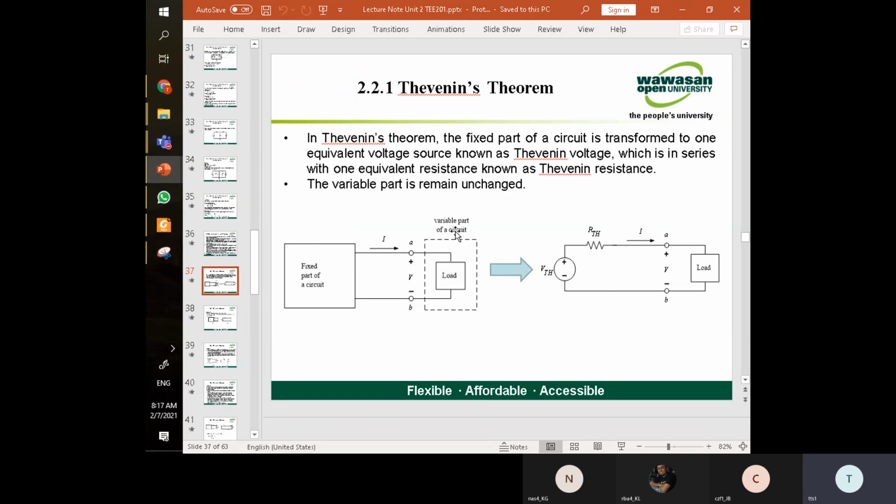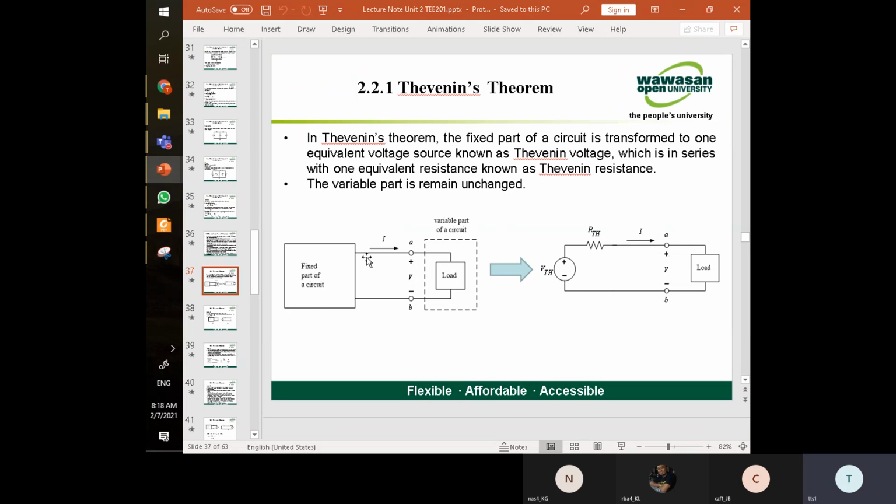The variable circuit is the one where the user attaches their load, for example a lamp or a speaker. The speaker may be different, but the circuit is the same. Let's say this is an amplifier. The amplifier circuit is fixed, but you can use a different size of speaker, so the speaker is the variable part.